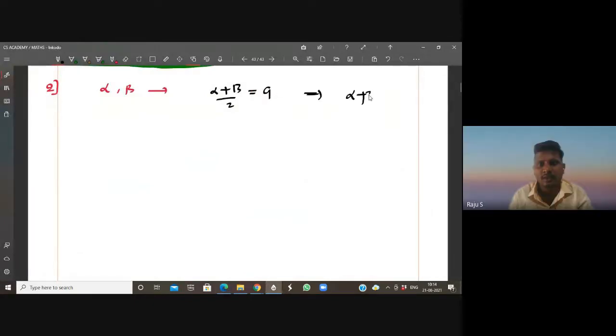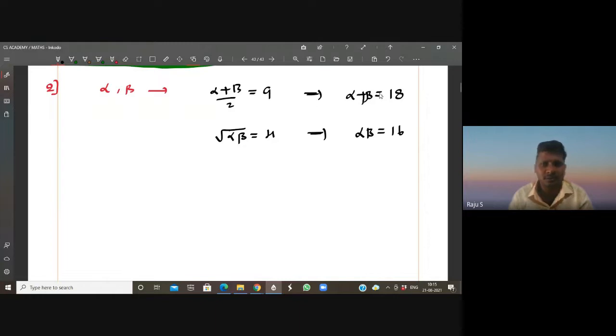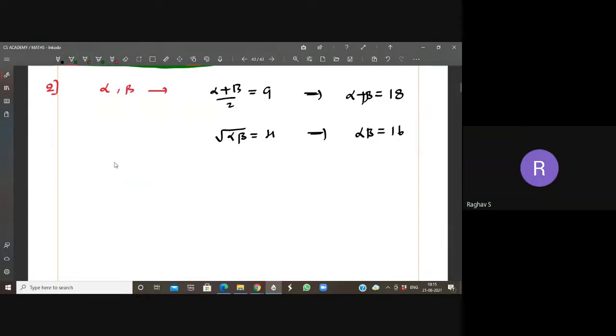Alpha plus beta is clearly 18. Am I right? Then geometric mean, root over alpha beta equal to 4, then alpha beta equal to 16. That's all. We got alpha plus beta and alpha beta. When alpha plus beta and alpha beta are given, what is the quadratic equation? X square minus 18x plus 16.